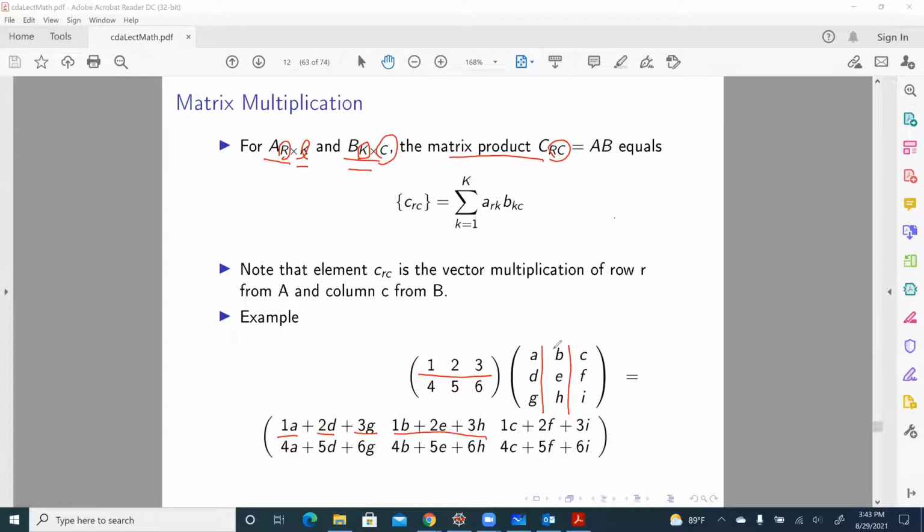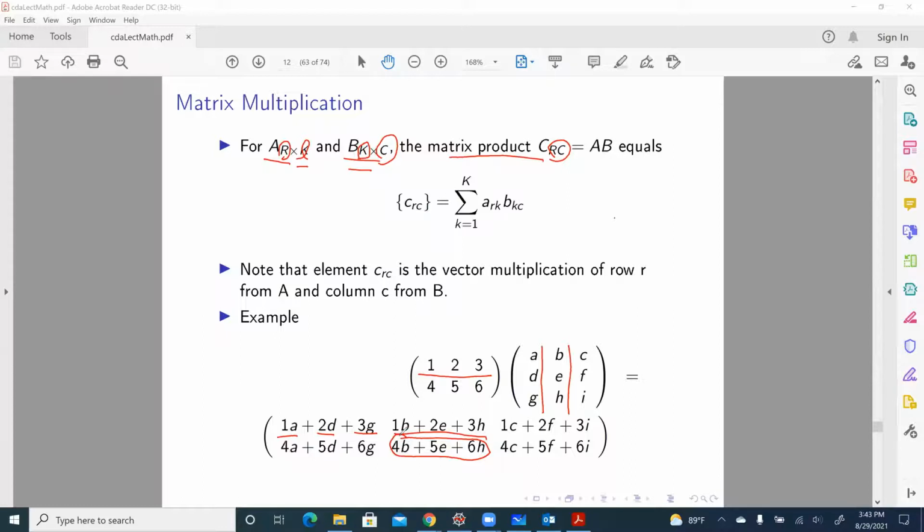Let's pick another, random element. Let's say row 2 and column 2. So row 2 and column 2, it is the product of the second row of the first matrix, the multiplicand.